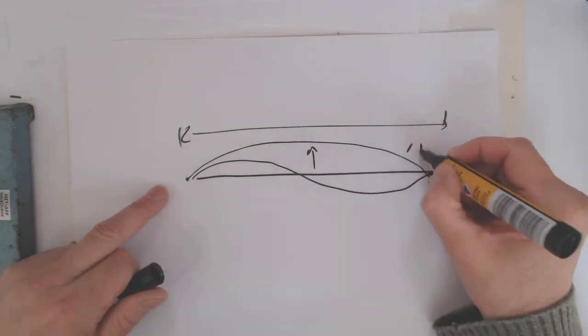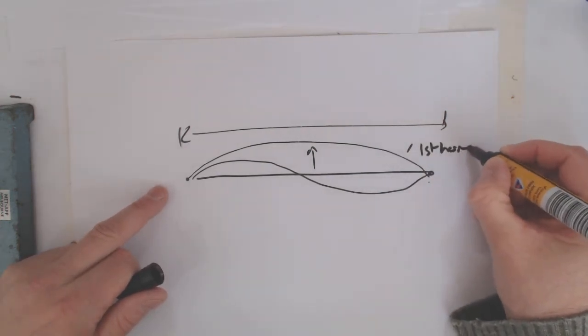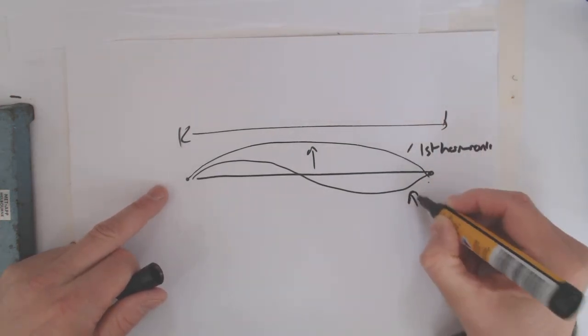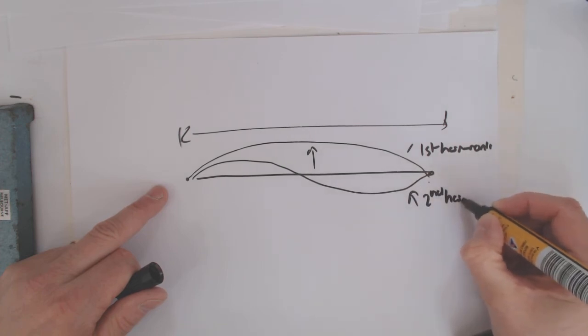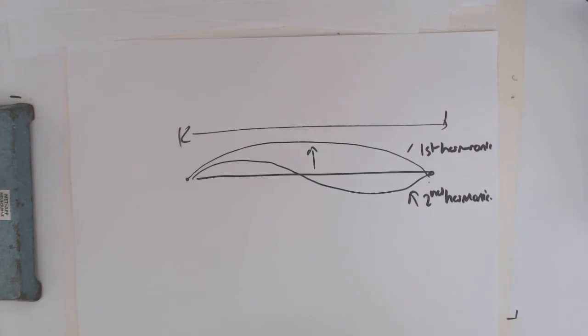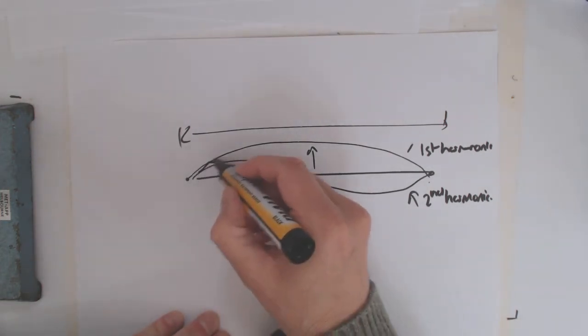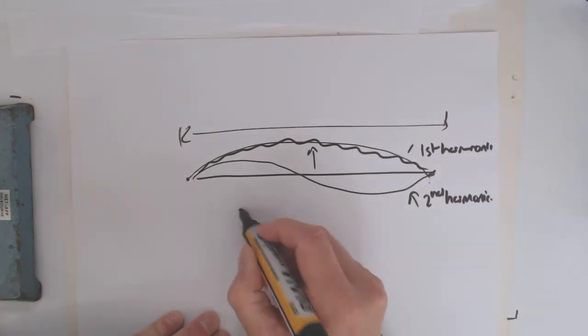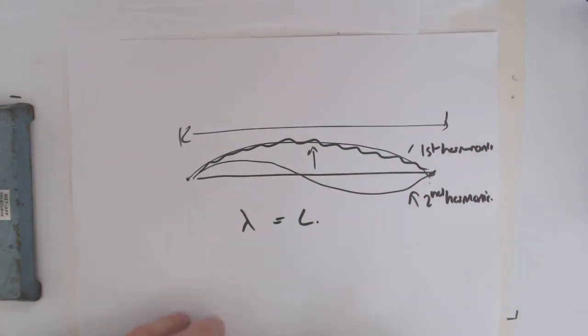So that's the first harmonic. The next one up is the second harmonic, twice the frequency. The third one would be 3 times the frequency of the first harmonic. Let's forget this one here. The wavelength equals L for the second harmonic.